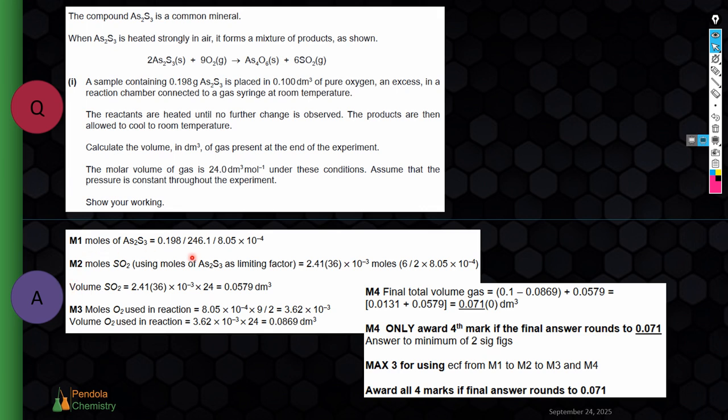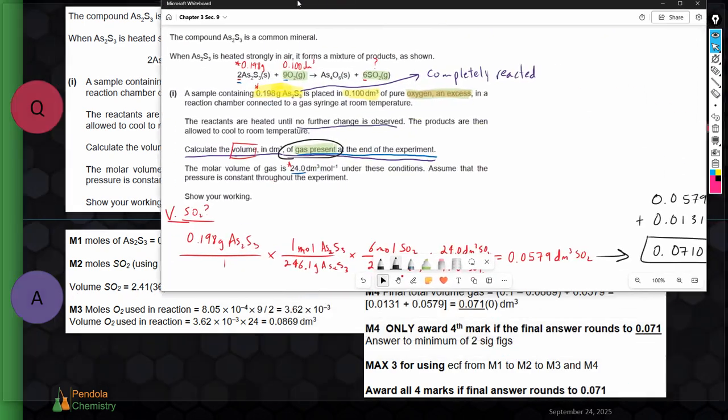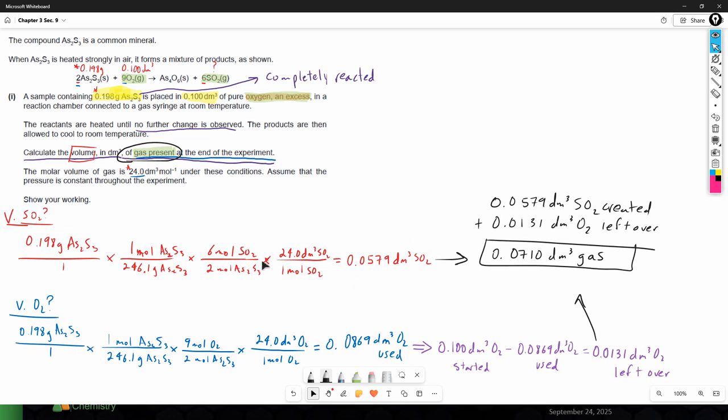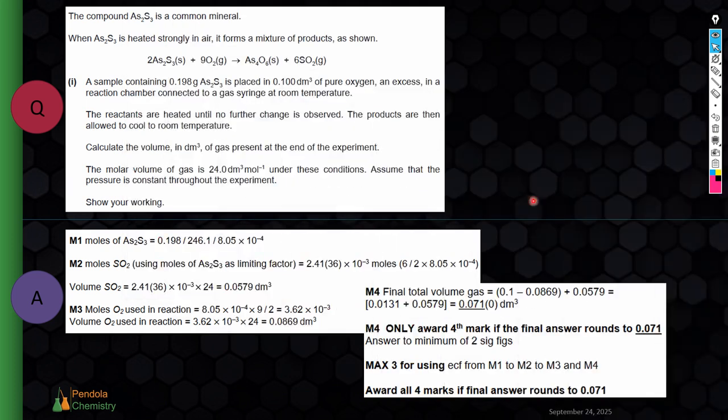And then for turning those moles of SO2 into the volume of SO2, we do that in this whole red section. We calculate the volume of the SO2. So that's another point.